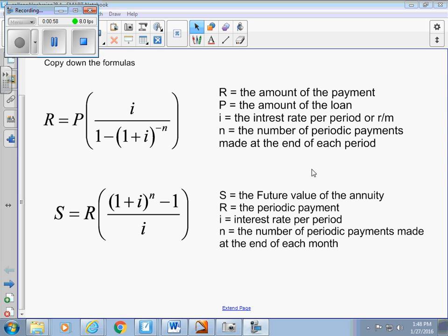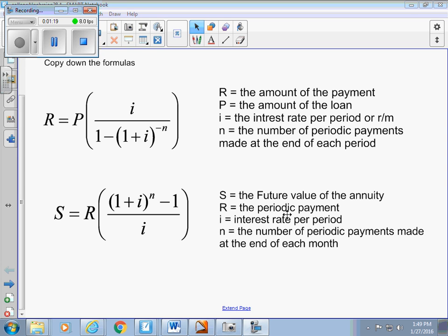So for our purposes, M in this will almost always be 12. N is the number of periodic payments. So if I'm paying a 30-year loan monthly, then N is 12 times 30. It's the number of payments I make.